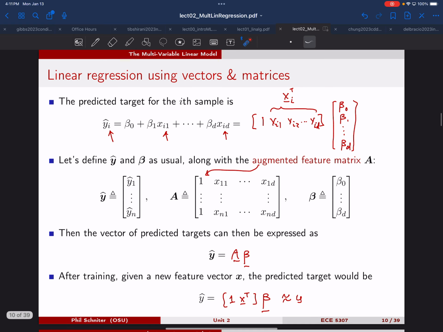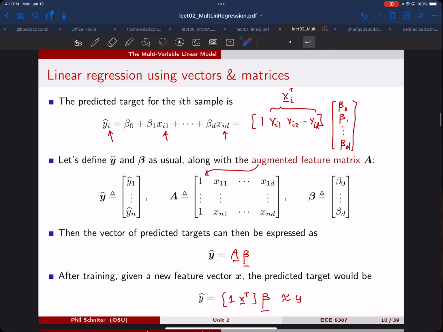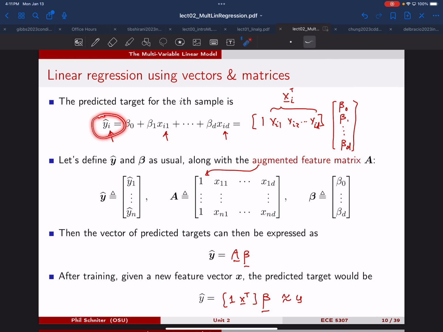And the next thing we did is we packed things together in vectors and matrices. So here we're looking at the ith example in the training data set. Here we have the ith example of feature 1, ith example of feature D, and all the features in between.